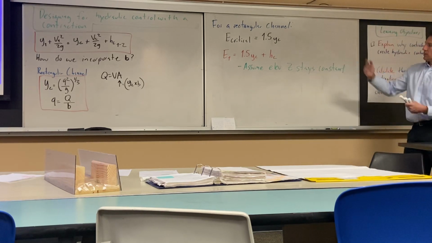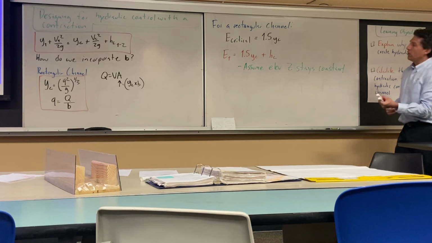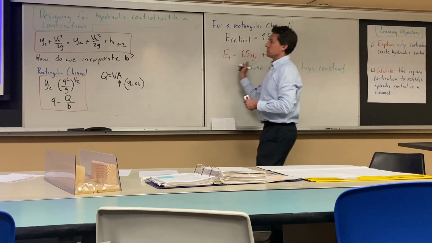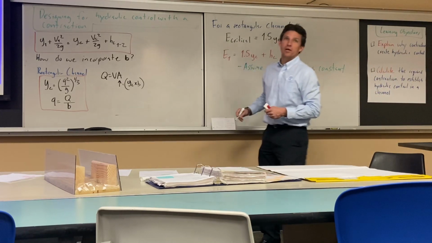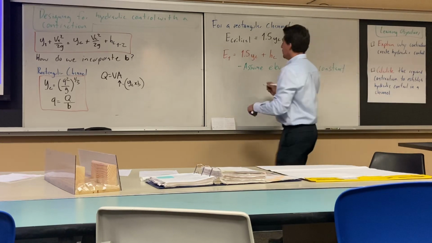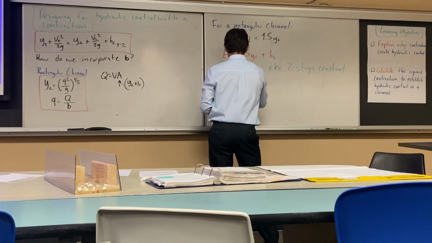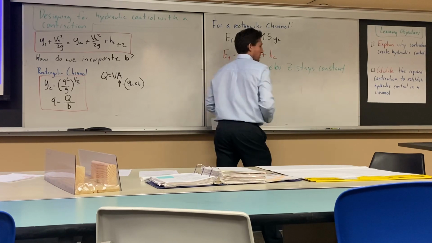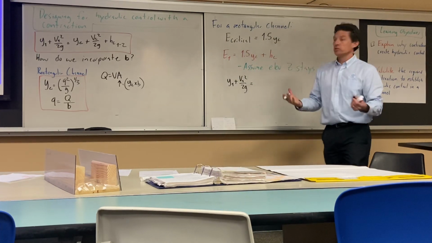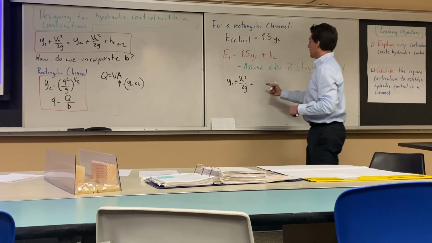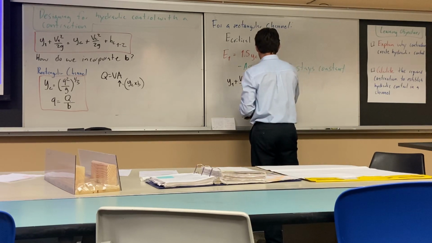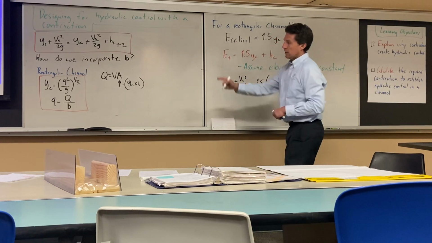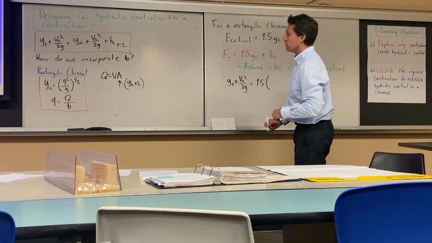So if we were solving this for any standard normal channel, what this would look like to actually get the B that we need for critical depth to occur in a rectangular channel, we're going to say Y1 plus V1 squared over 2G. Those will be given, and they're actually given in the worksheet when you're doing that solution. That's going to be equal to 1.5 times, okay, and I'll write this whole entire thing out, right?